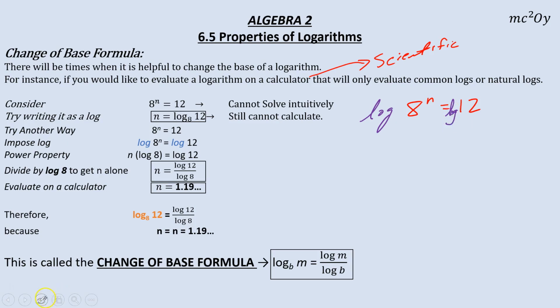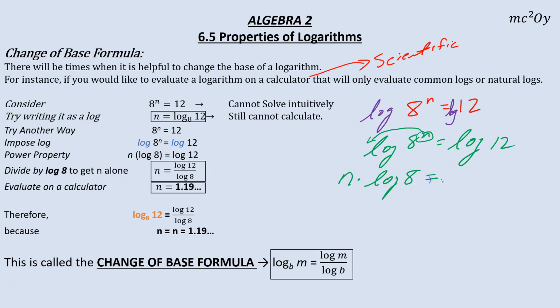What that does is give me log base 10 of 8 to the power of n equals log of 12. Now I can move the exponent out front using the power property. So I have n times log of 8. My variable is out of the log, out of the exponential form.